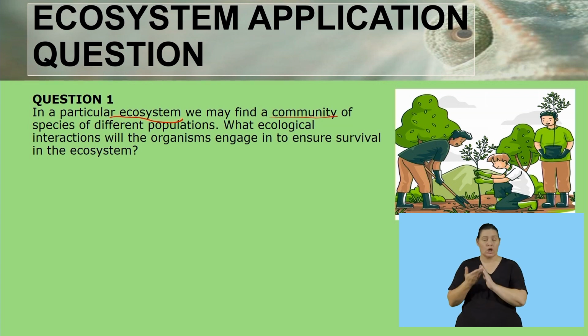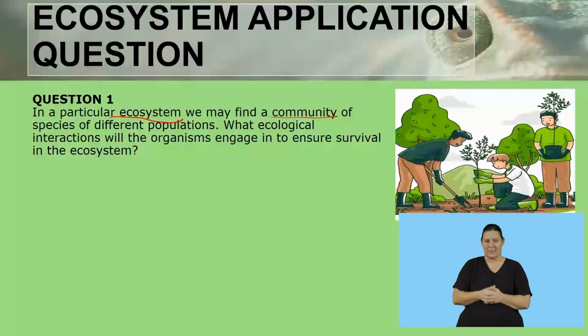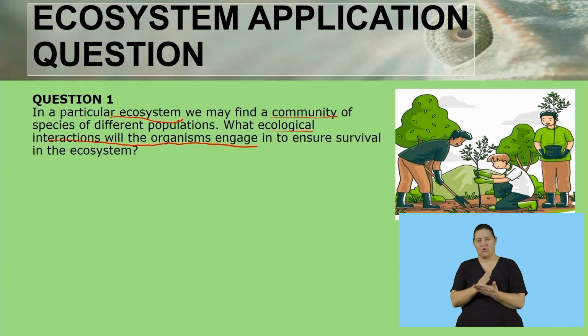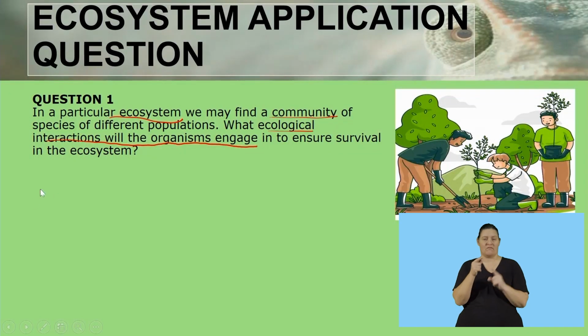And if you remember, a community is made up of different populations, and populations are organisms of the same species. So now they are saying here we have a community. What ecological interactions will organisms engage in to ensure survival? Now let us look at the solution to this problem.